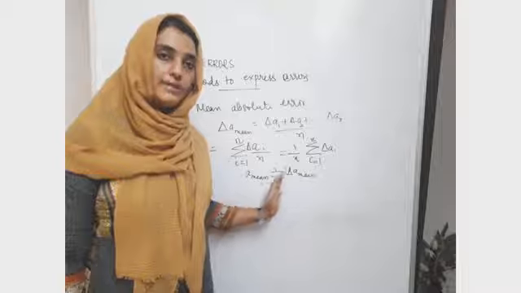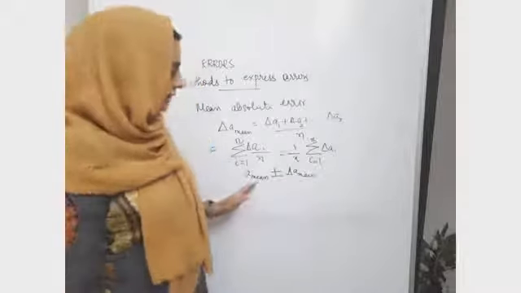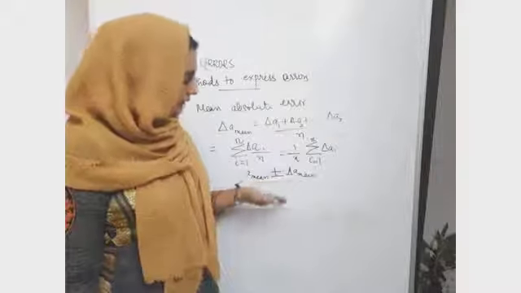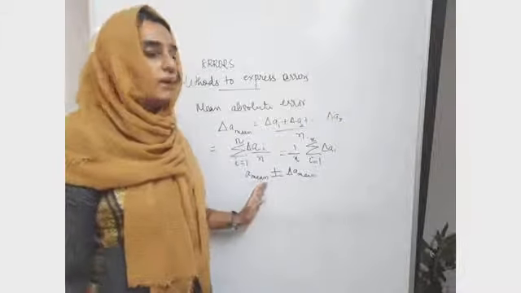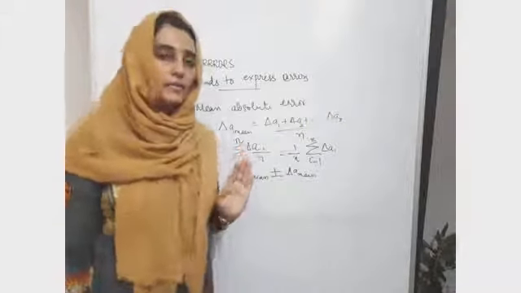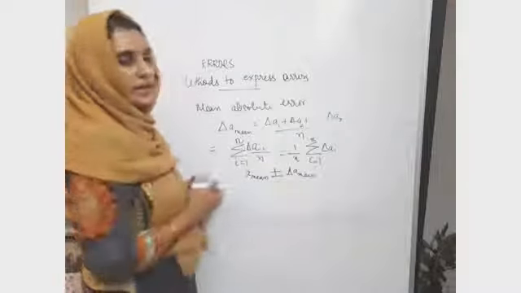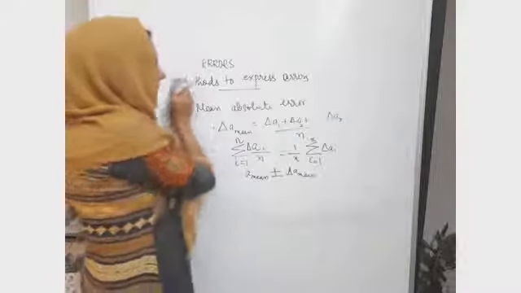That means it shows the error as well. That is, the value can either be greater than a mean by a small factor delta a mean, or it can be less than this value by a small factor delta a mean. So this is the way to represent the final result in terms of error.